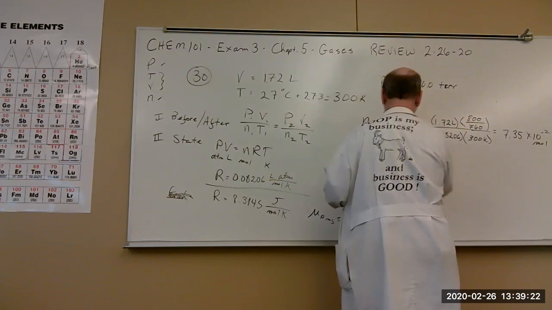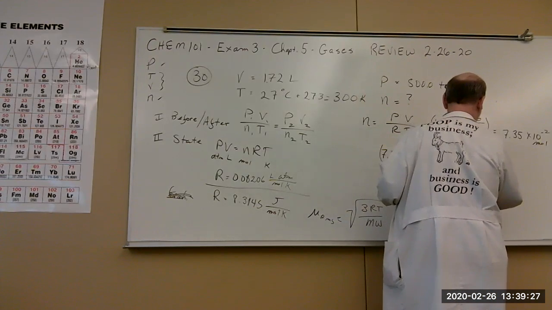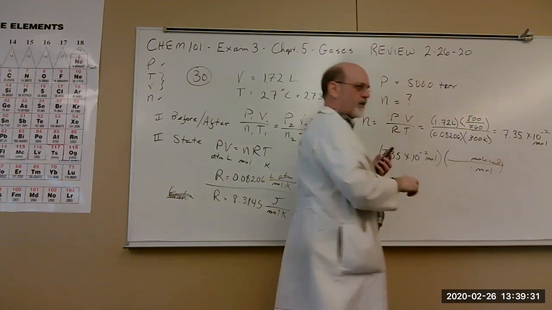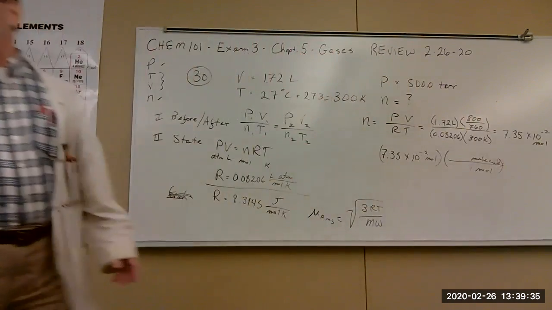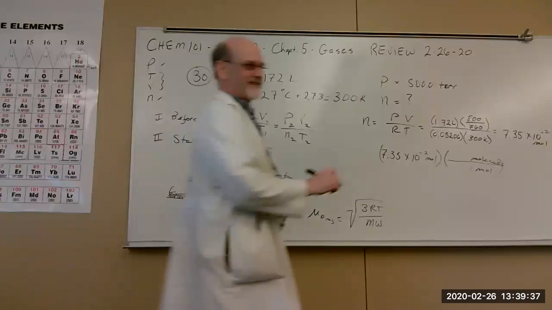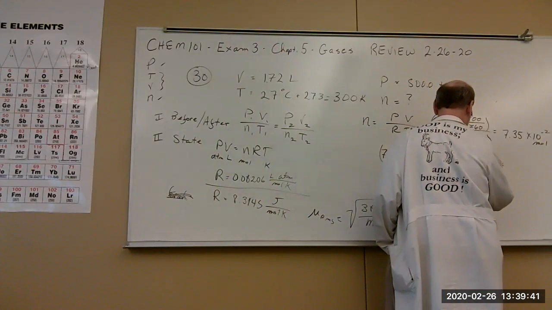What's the conversion for moles to molecules? How many molecules in a mole? How many chickens in a mole? Oh, Avogadro. Yeah. It's 6.022 times 10 to the 23rd.